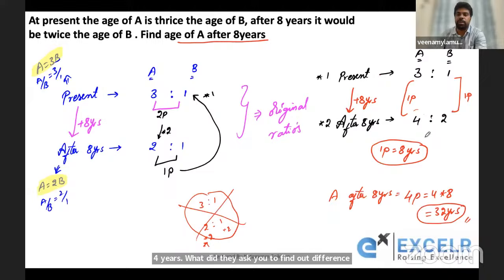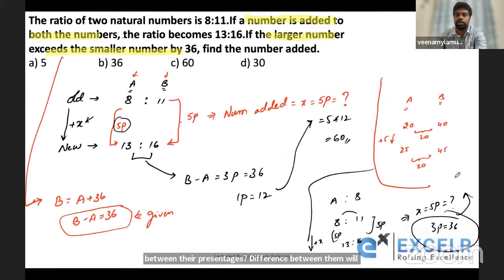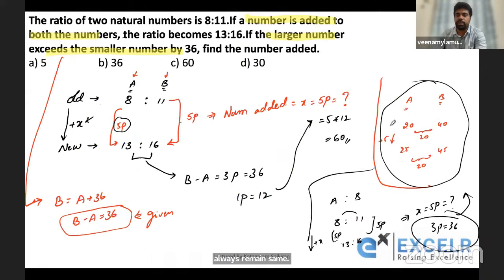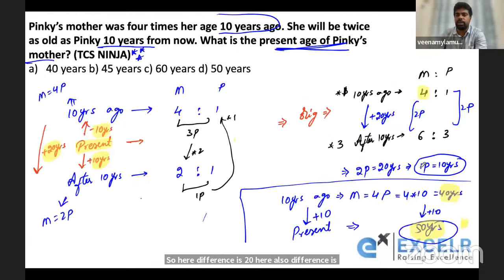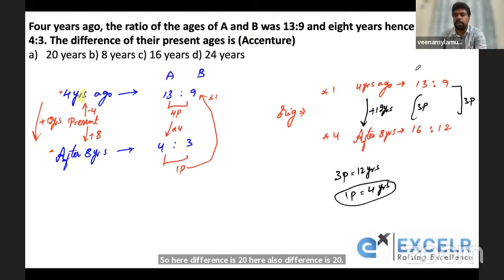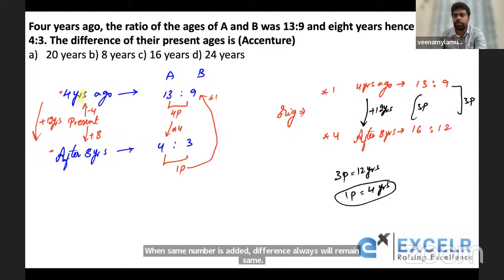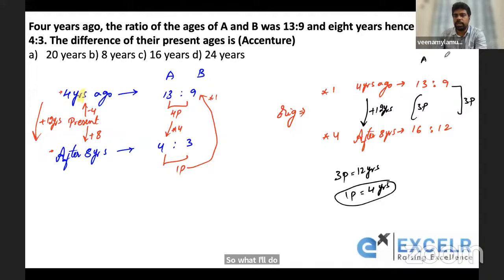The difference between them will always remain the same. Here I showed you now. Suppose it is 2000 in the year 2000. This is in the year 2005. So here the difference is 20. Here also the difference is 20. When the same number is added, the difference will always remain the same. So what I will do now? So this is A and B, right?